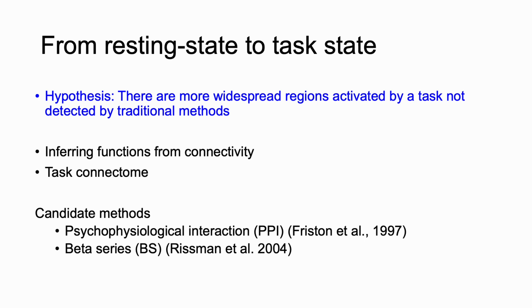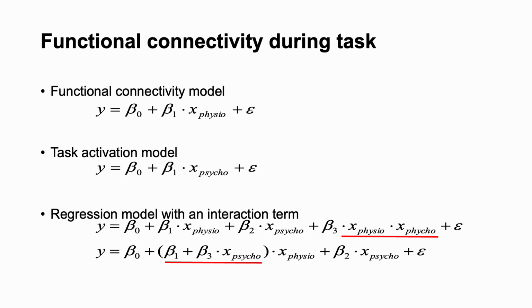And so we are trying to infer connectivity from task signal, and we use the HCP data using PPI. This is the equation for functional connectivity. This is for task activation.